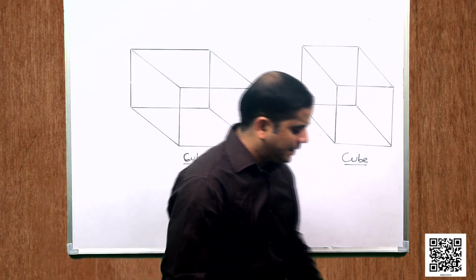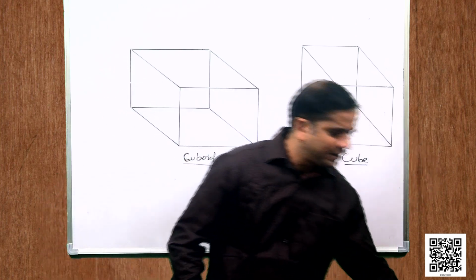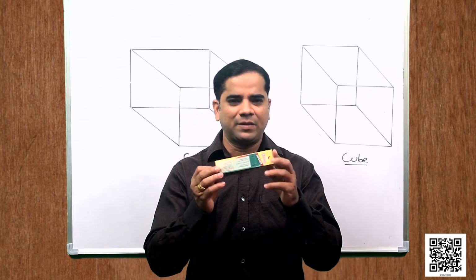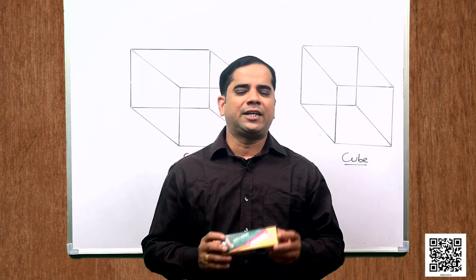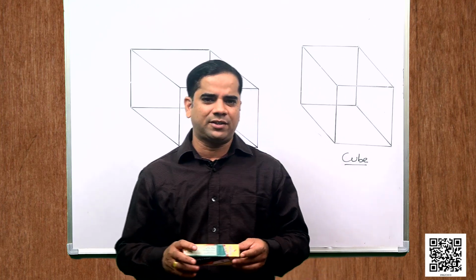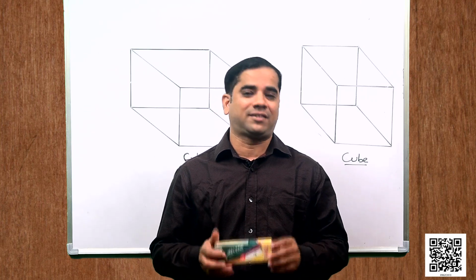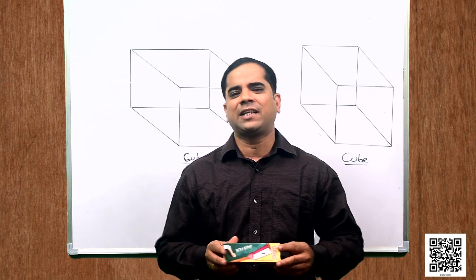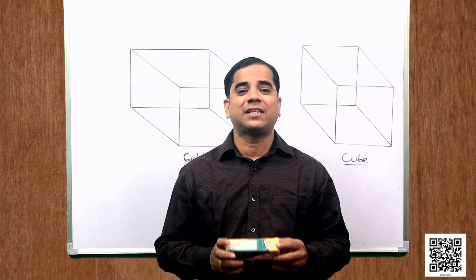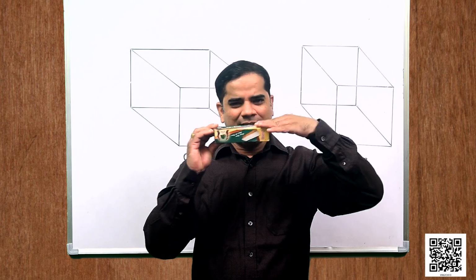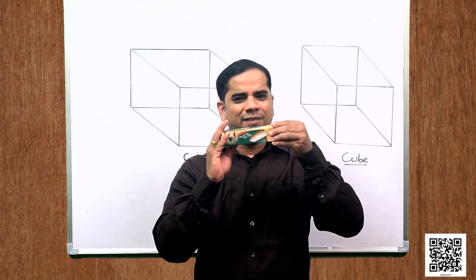This is also a cuboid, isn't it? What is a cuboid? A cuboid is a three-dimensional shape having rectangular surfaces. How many surfaces are there in a cuboid? There are 6 surfaces: 1, 2, 3, 4, 5 and 6.